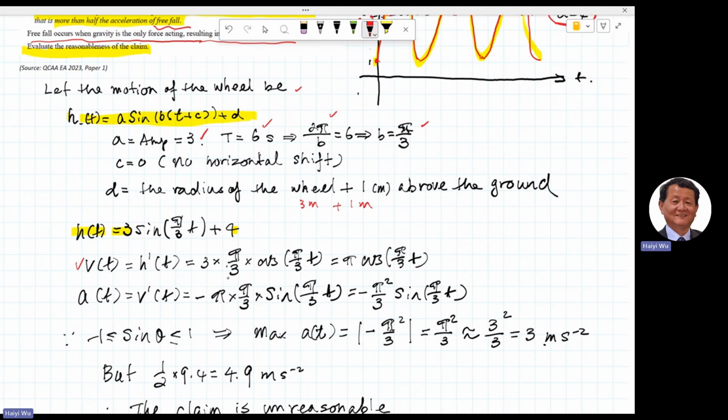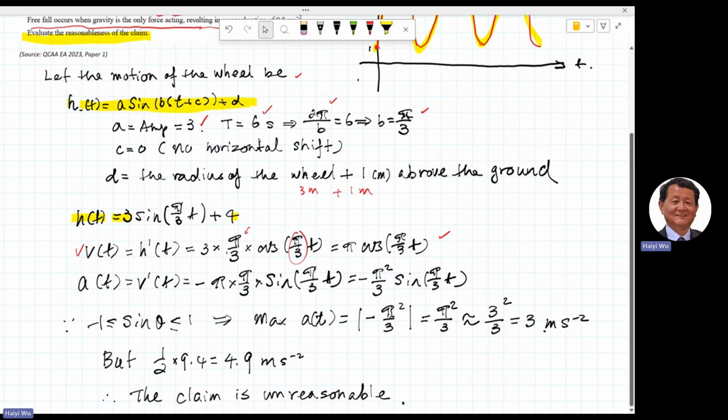The derivative of sine is cosine, then you multiply by pi over 3 because that's the coefficient. So we end up with pi cosine(pi over 3 t). Then acceleration is the derivative of the velocity. The derivative of cosine is negative sine, so it's negative pi times pi over 3. Actually, you've got a square there.